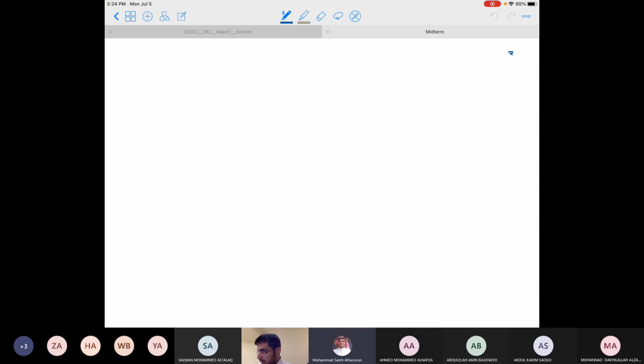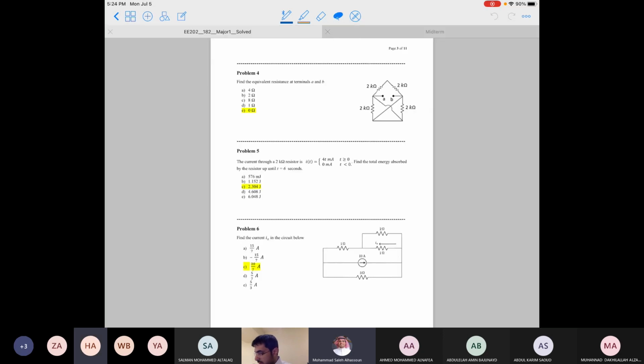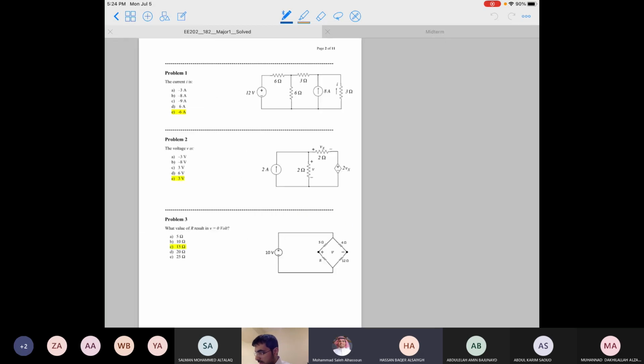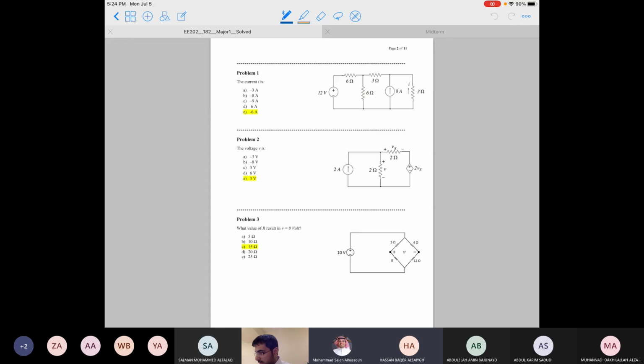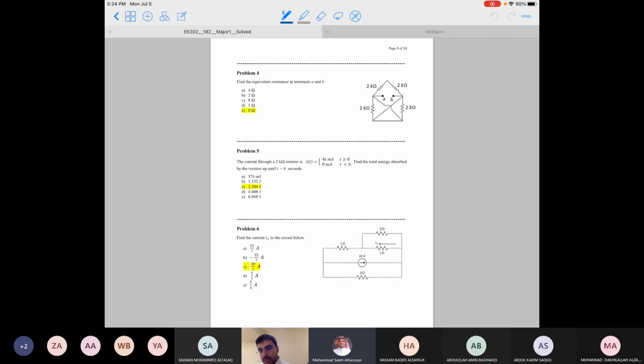Hassan? Doctor, the resistance parallel with short circuit. Yes, equivalent is 0. And if it is parallel with the open circuit, it's the resistance itself. Yes, it's the resistance itself.